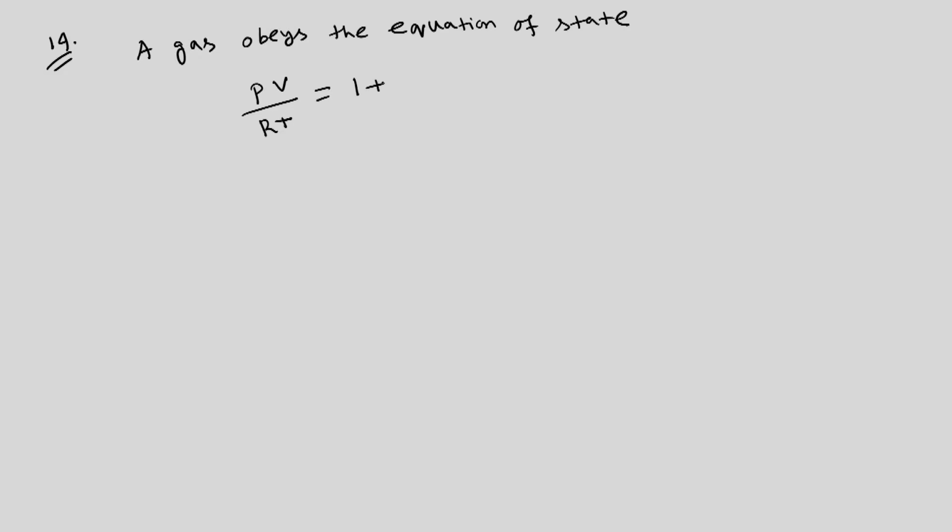Problem number 14: a gas obeys the equation of state PV by RT equals 1 plus P times B of T, where B of T is a function of temperature only.